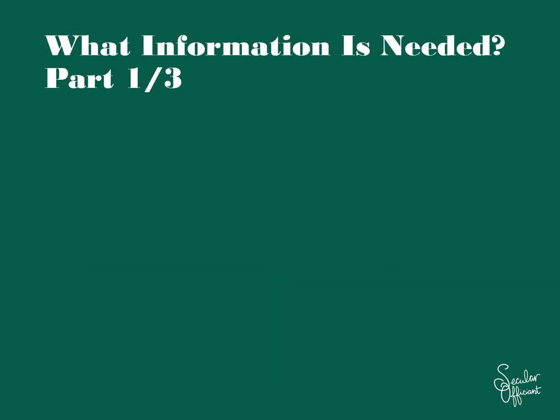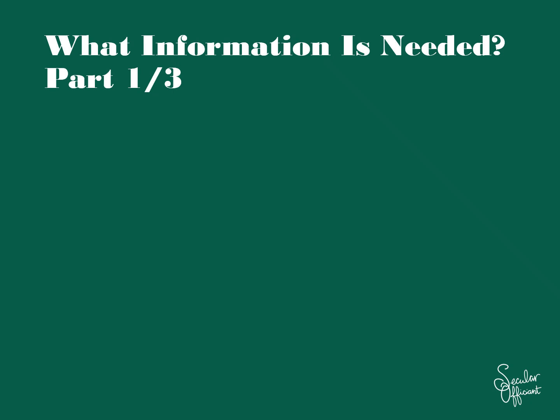what information is needed? Part 1 of 3. The marriage license application varies slightly from the online form and the online application on the ServiceOntario website. However, I have compiled the required information from both versions.